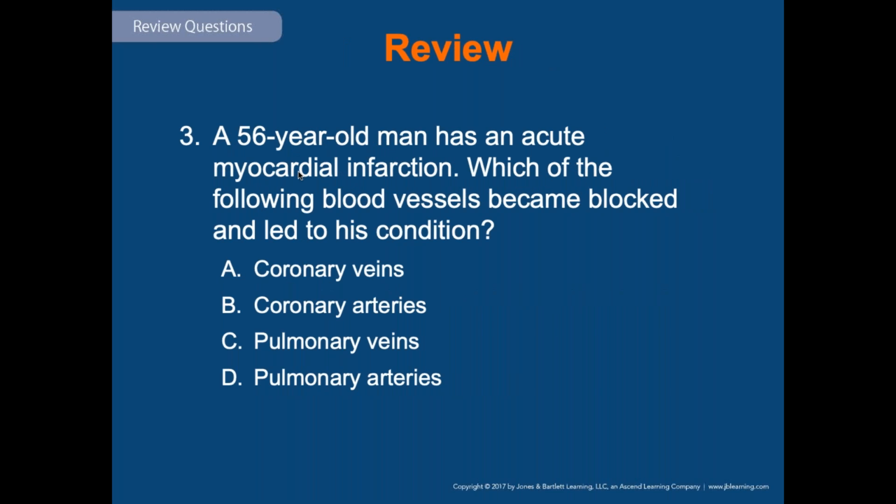Number 3, a 56-year-old man has an acute myocardial infarction. Which of the following blood vessels became blocked to lead to his condition? I'm seeing some B's and some D's. So remember, with myocardial infarction, it's going to be some type of coronary artery.